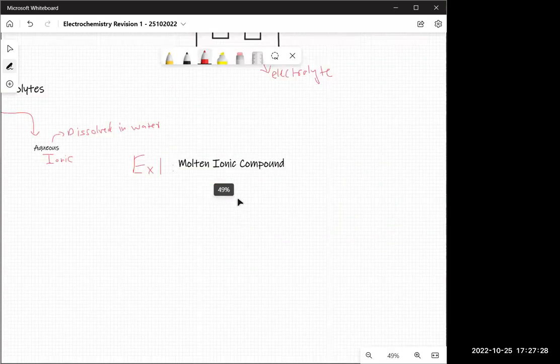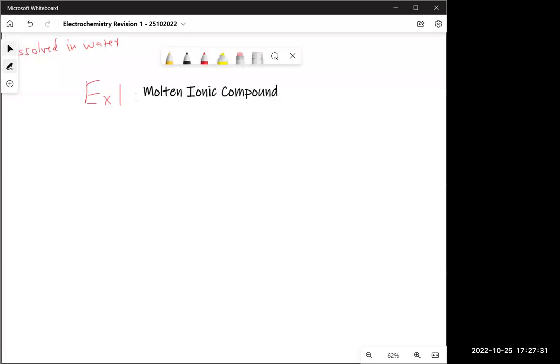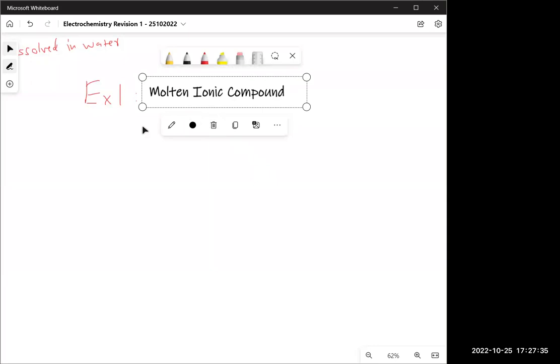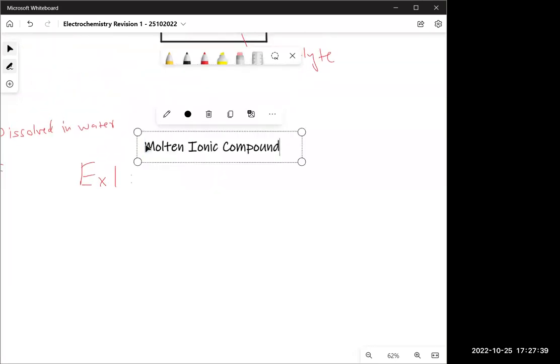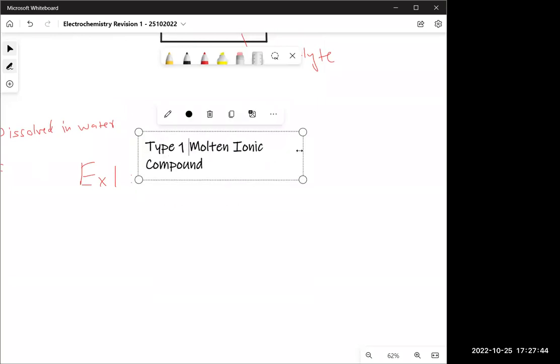Now let's try the first example. The first example is molten ionic compound. Let's write it as type 1. Now start writing.